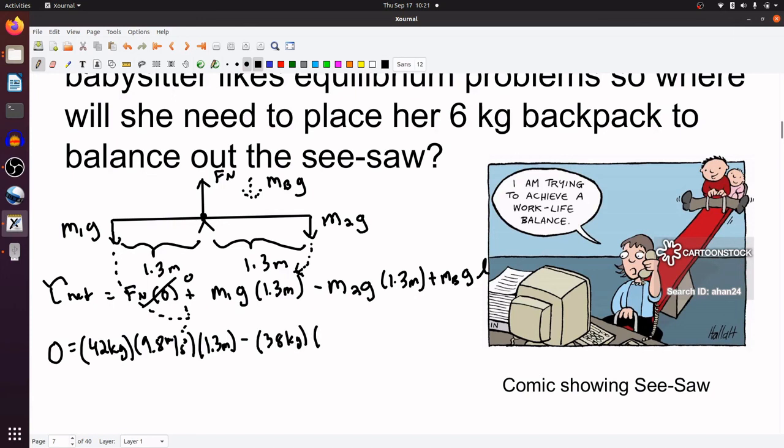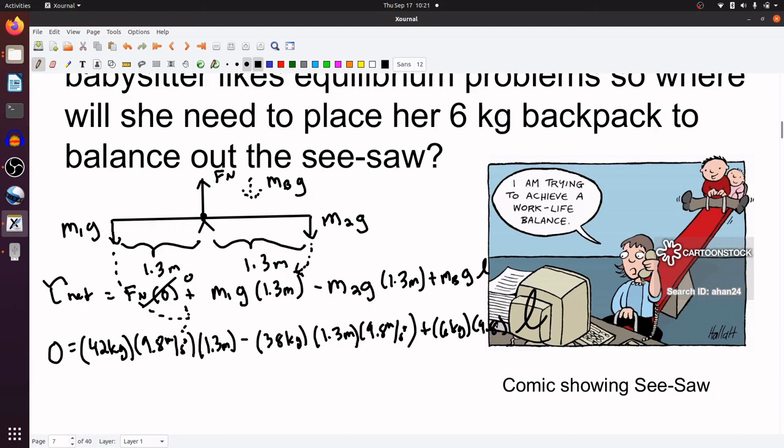These are kind of big kids, I guess. Maybe not. Times 1.3 meters and times 9.8. Yeah, sorry. And then the mass of the backpack was 6 kilograms times 9.8, and I'm running out of room here, sorry, times L. Should have thought about that. L. There, you can totally see the L.